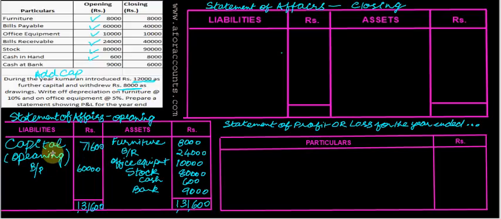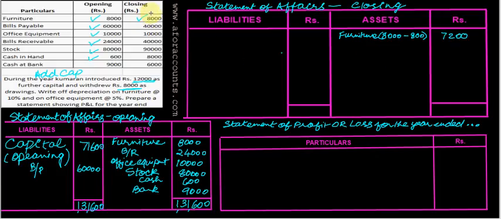Keep calculators in your hand. Okay, statement of affairs closing. So what do I have? Furniture. I remember I have an adjustment entry. Furniture 8,000. How much depreciation on furniture? 10%. So less 800. You write in full: furniture less depreciation 7,200.